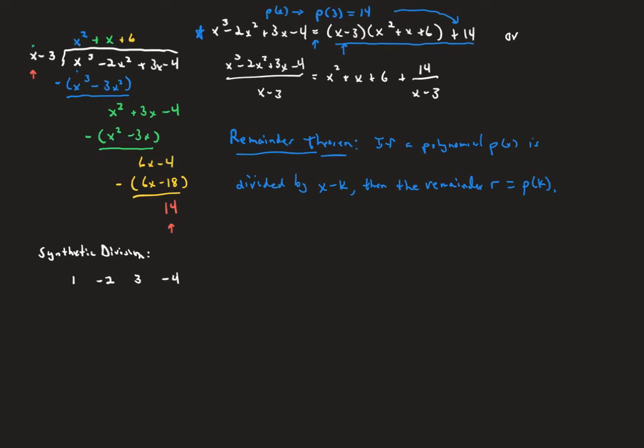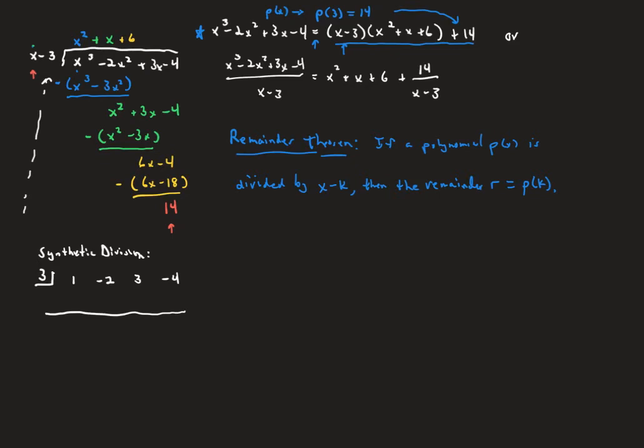I'm going to leave a little space underneath because I'm going to put some more numbers under there in a moment. And then in a box on the left, I'm going to plug in what will make this 0. That is, we're thinking of this like we did in our remainder theorem as x minus k. We're going to plug in just that k, the 3.